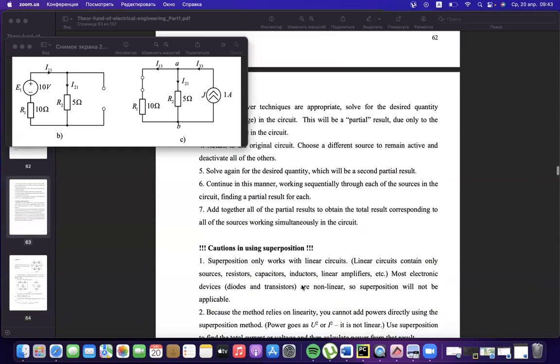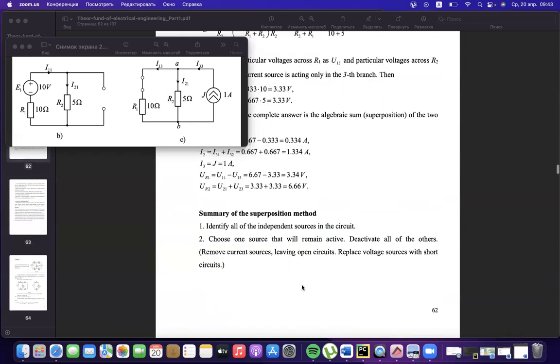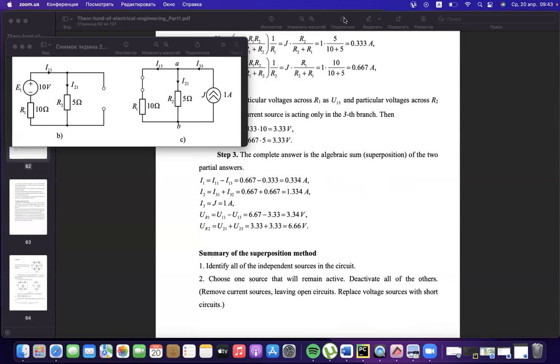That is how it is used, but one restriction about values, that you could use superposition method for currents, for voltages, but not for powers. You cannot find power in one case, power in second case, and then just add them, because power is a non-linear function.